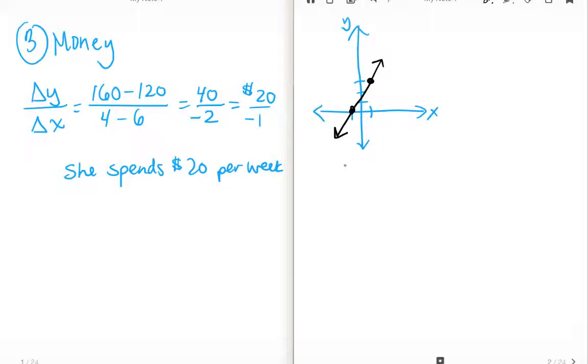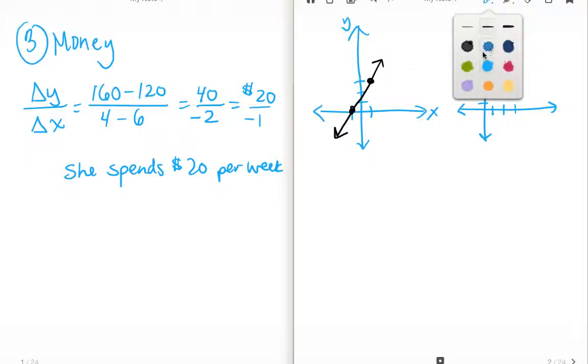I'd like you to find the rate of change on that graph, and then I'm going to draw one more, and then we're going to compare. And I'll even put the ordered pair. So what's this ordered pair? -1, 0. And this ordered pair is 1, 3. So if that helps, you can use those two.